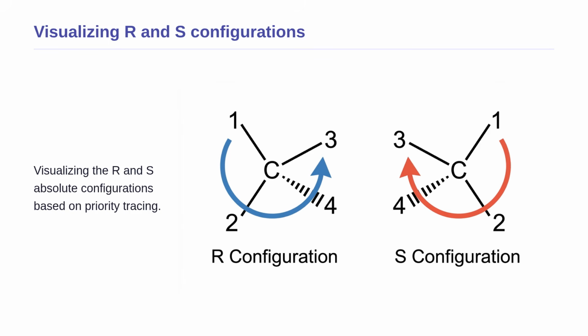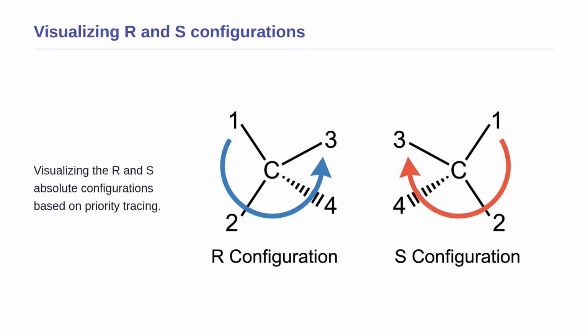Now that we have calculated these configurations, let us visualize exactly what we just found. On the screen, you see two tetrahedral carbon atoms. Notice how the lowest priority group, labeled 4, is placed on a dashed wedge, meaning it is pointing away from you, into the screen. This is the crucial steering column perspective.